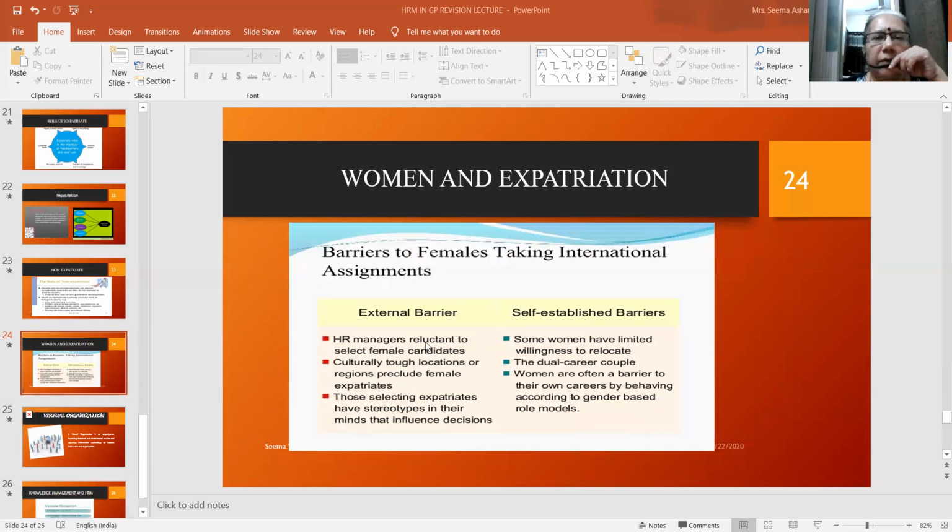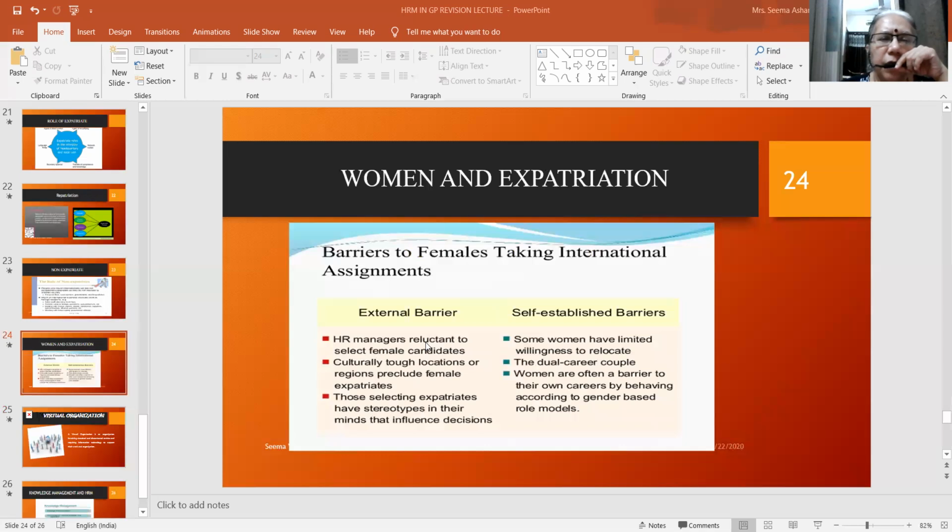Women and expatriation. There are several myths prevalent related to women and expatriation. Many times HR managers are reluctant to select female candidates for foreign assignments. Reasons could be many.